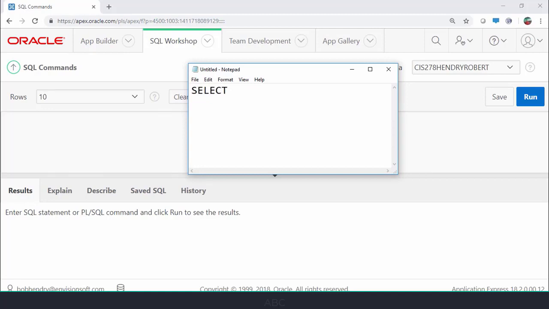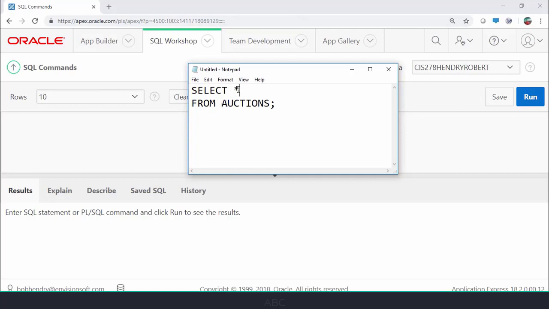Like we could do, how about select star from auctions. Just a warm-up. You've seen this before. Remember the syntax for a select. You're going to have select, you're going to have star, from auctions. Now, star just means all columns.